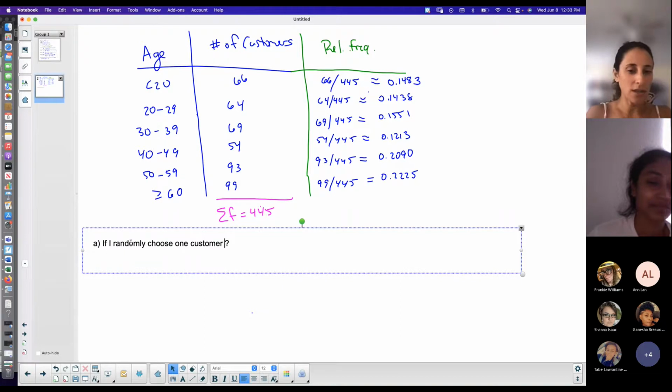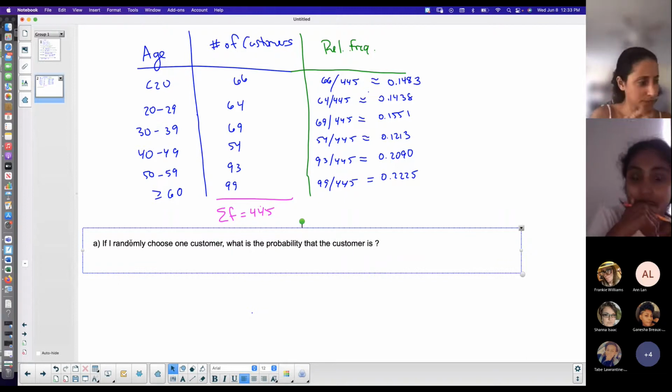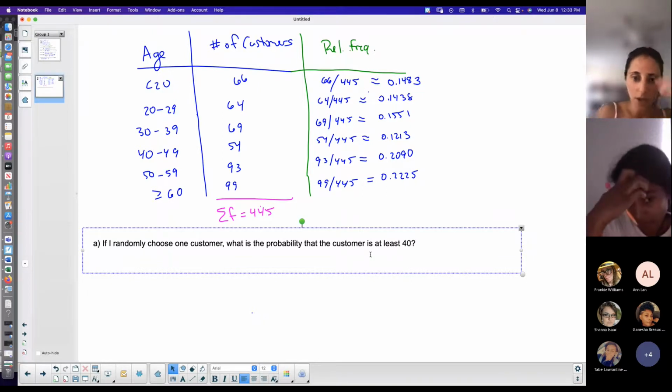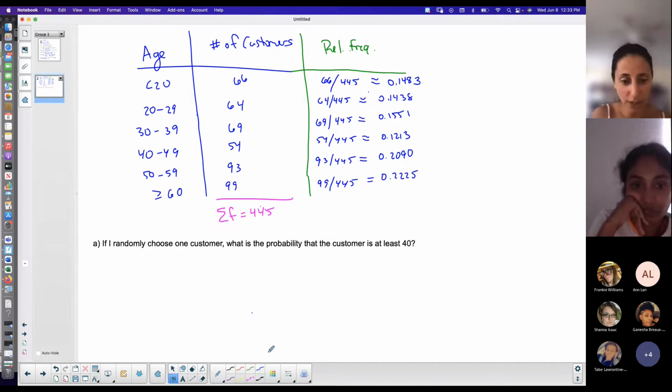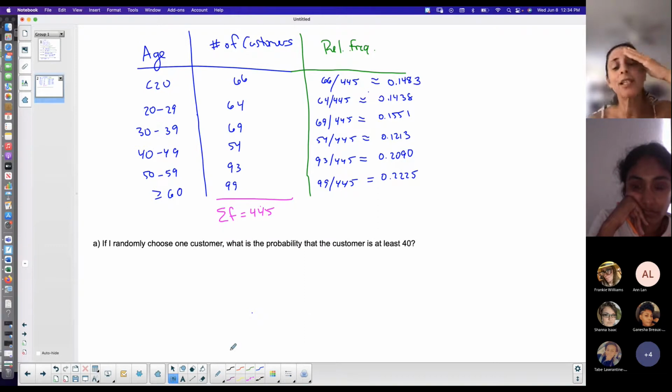Okay, if I randomly choose one customer at random, what is the probability that the customer is at least 40 years old?